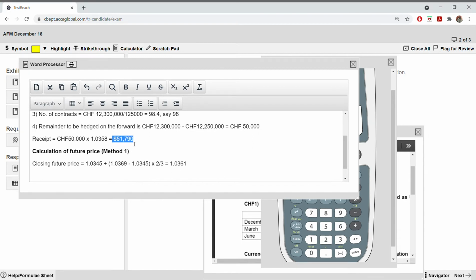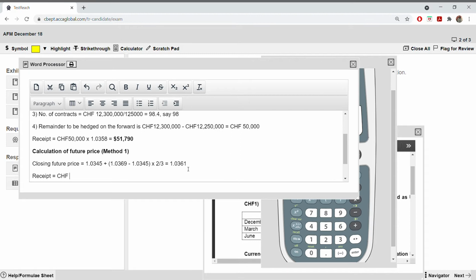Doesn't matter, we can keep it in bold. So it is in dollar, the receipt. In future also, now you have the closing future price, now you can convert into dollar. So the expected receipt actually, because you actually haven't got the receipt, but we'll write it receipt, does not matter.